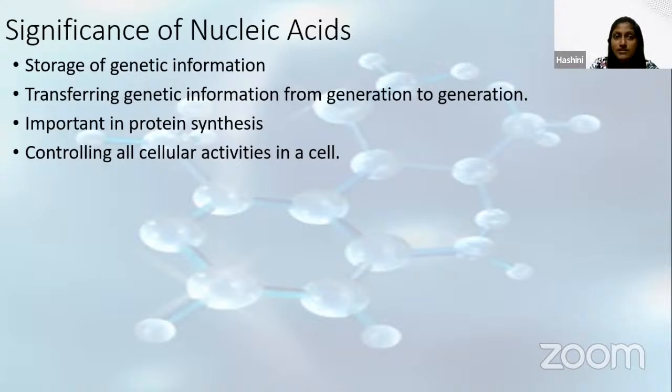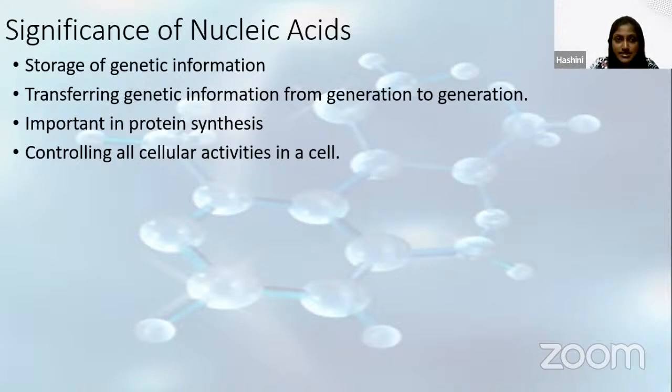Everyone has various unique characteristics. So how these characteristics are decided is according to our genetic information, which is stored in the nucleic acid called RNA or DNA, right?